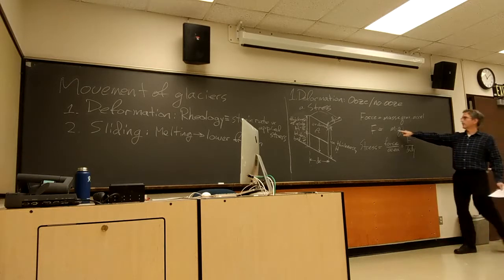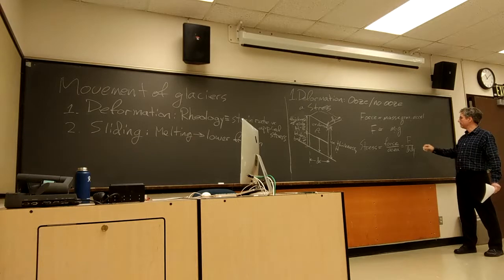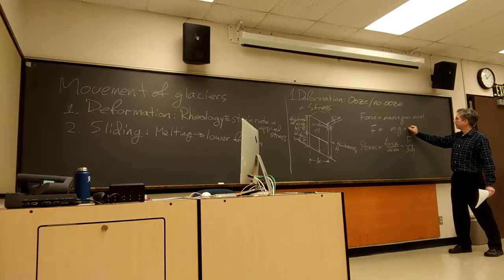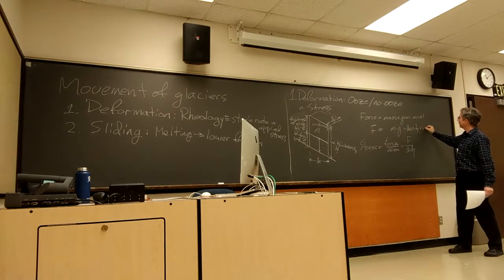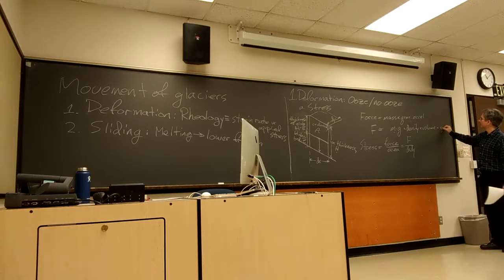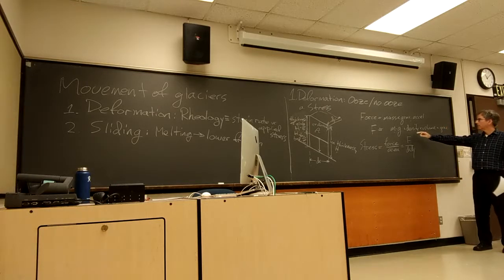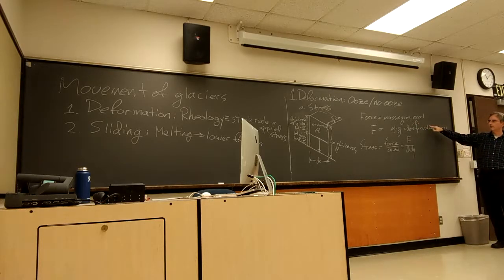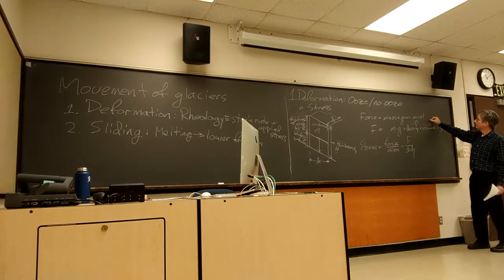Okay, what's my mass? My mass is going to be density times volume. Of course, you've got to keep the gravity. So this, of course, was the rho i. What's my volume? Well, it's that basal area, dx times dy.